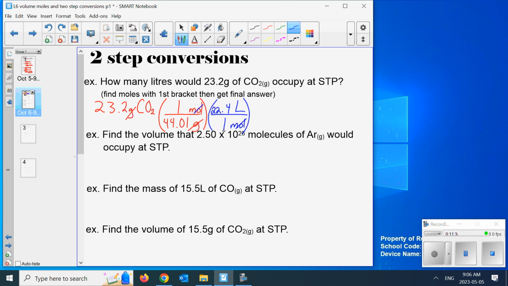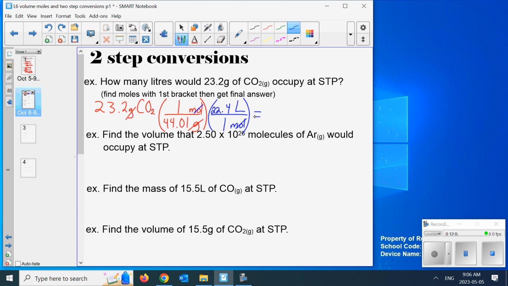Now, unit-wise, you see what happens? Top, bottom, grams, grams, moles, moles. Canceled out. You're left with liters. On your calculator, that means anything on the top is a multiply. Anything on the bottom is a divide. So I'm going to go with 23.2 divided by the 44.01.